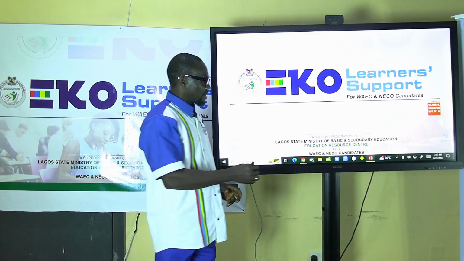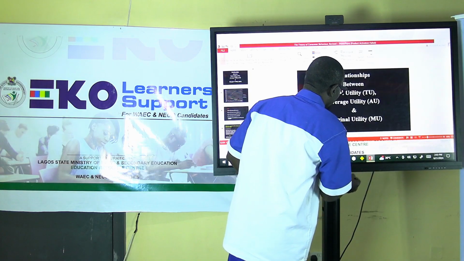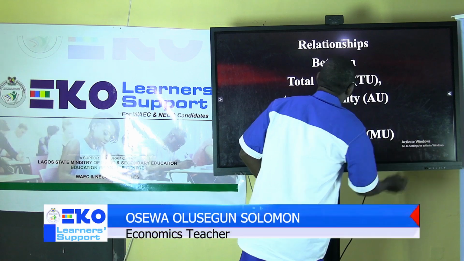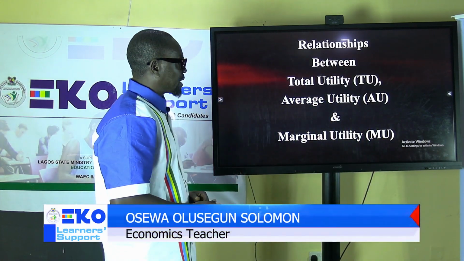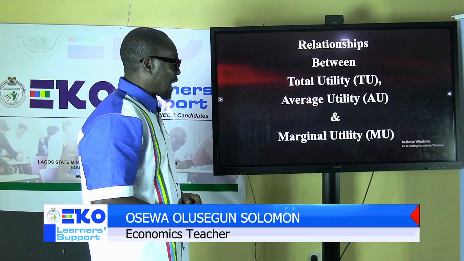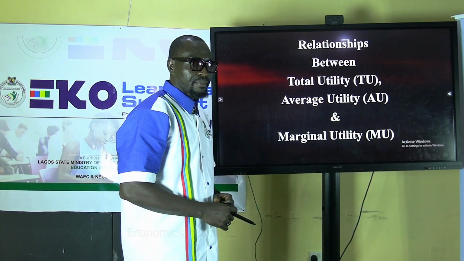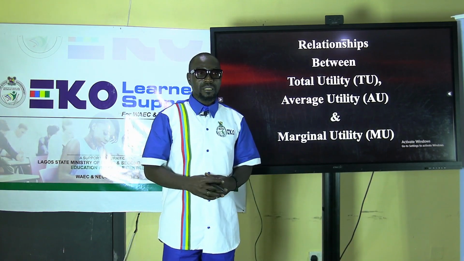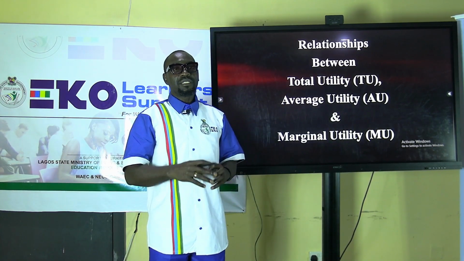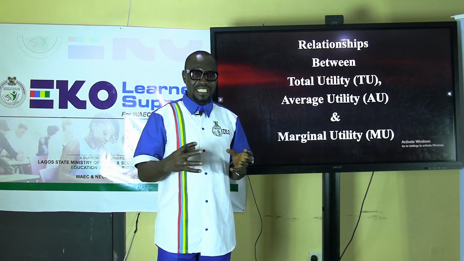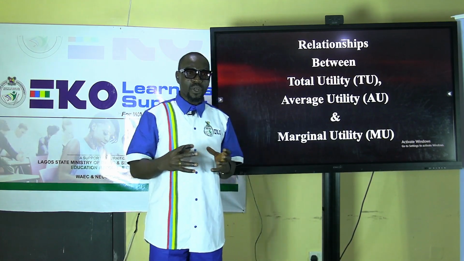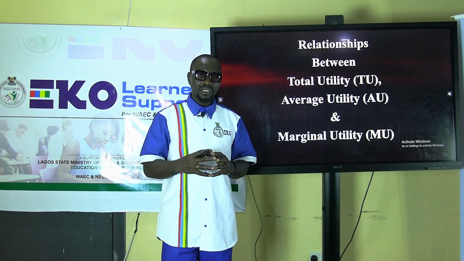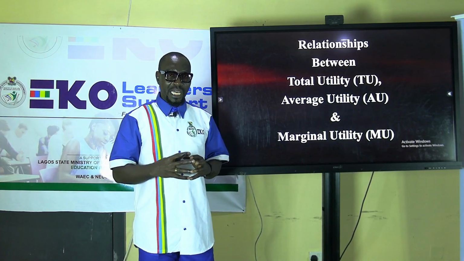In this session, we'll be looking at the relationships between total utility, average utility, and marginal utility. Previously, we've defined total utility to be the total amount of satisfaction that is derived from the consumption of a given quantity of commodity at a given point in time.